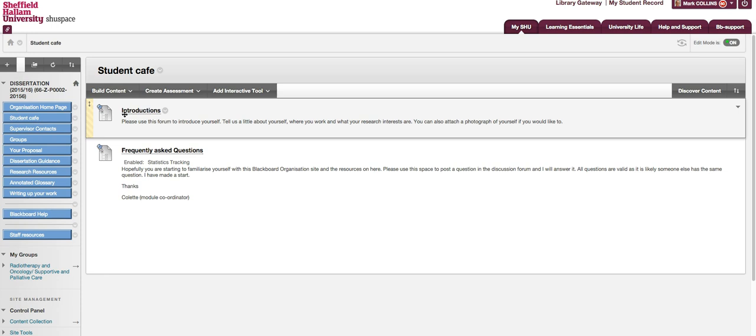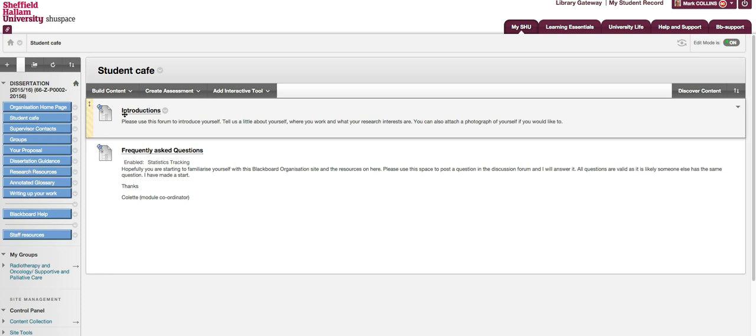Fairly early on in the process, you'll be allocated a supervisor, and your supervisor is there initially to help you develop your ideas and help you get through the proposal process, which is the first thing we need to do before you can commence your project, and then to support you throughout your project and the writing up of your project at the end.